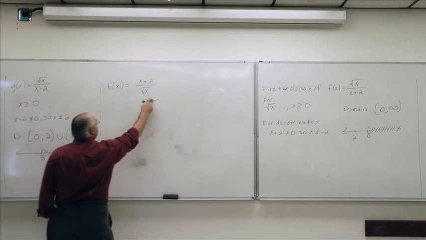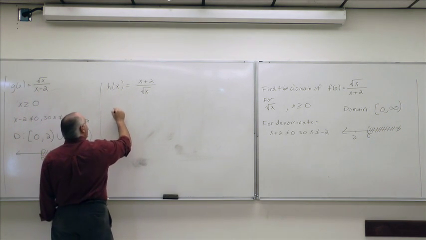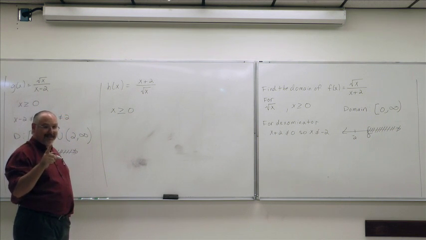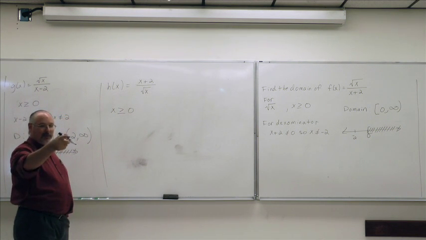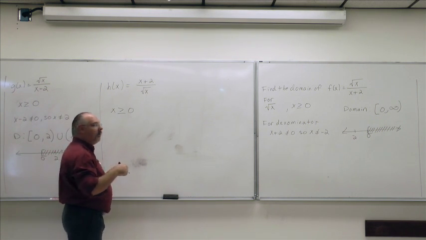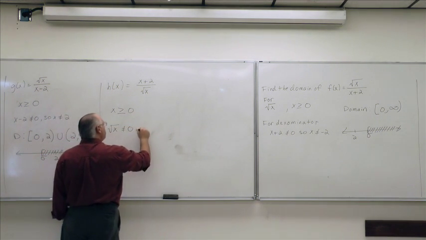So here, we know again because of the radical that x has to be greater than or equal to 0. But, and you were mentioning this, the denominator itself can't be 0.